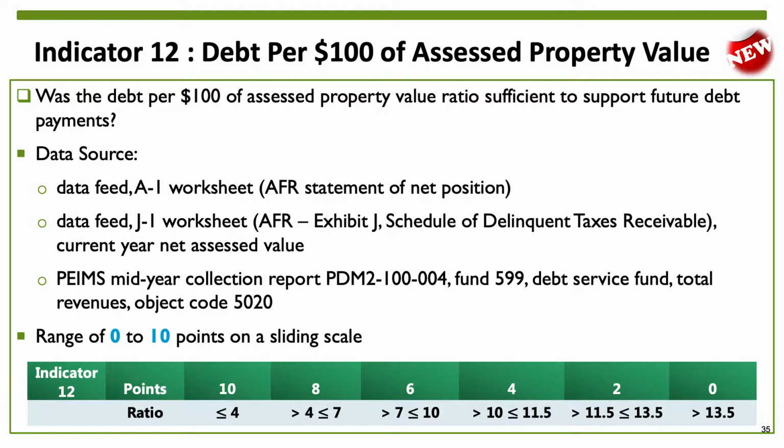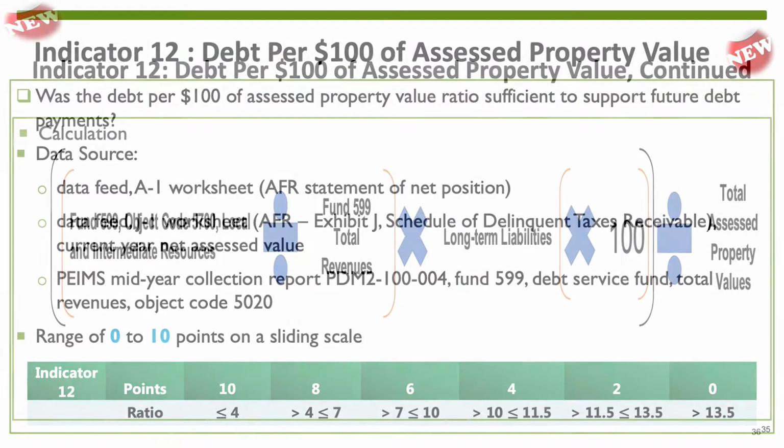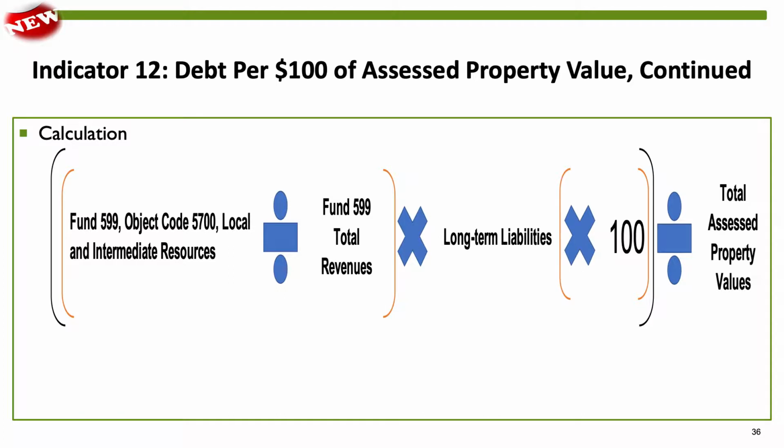It's 0 to 10 points on a sliding scale, and this is the actual formula. It's a very simple formula. We were going to put in EDA and IFA, but we took that out. So this is your new debt indicator. I know y'all don't like it, but we had to do something, and it's better than what we have.